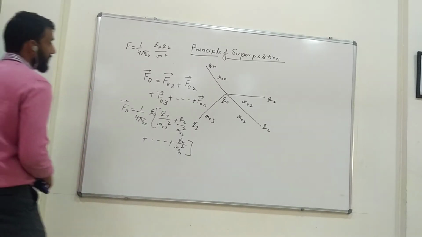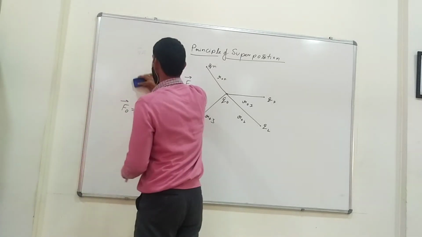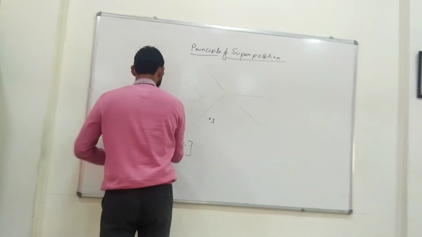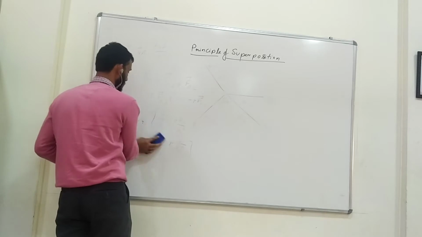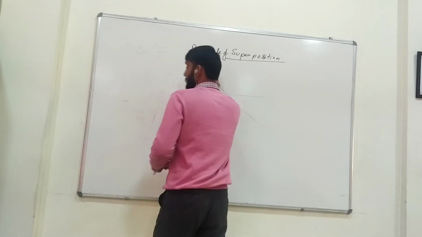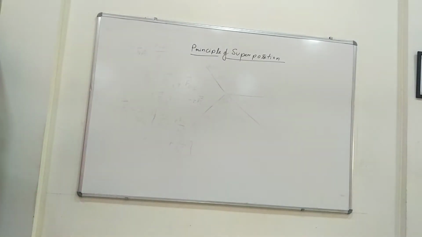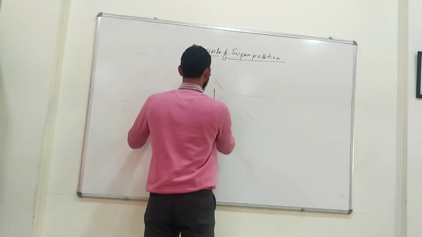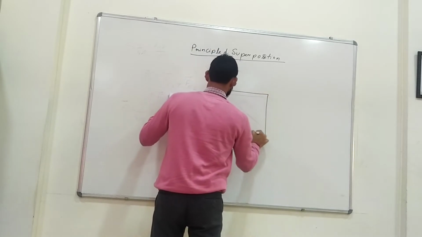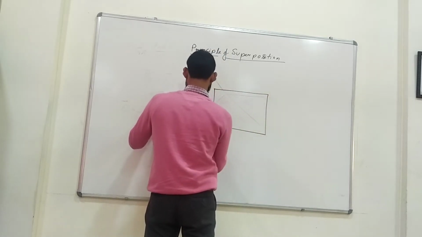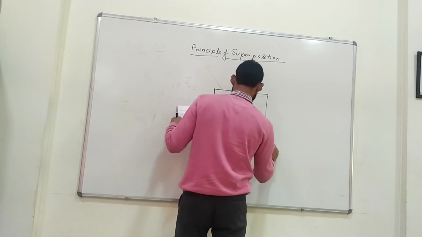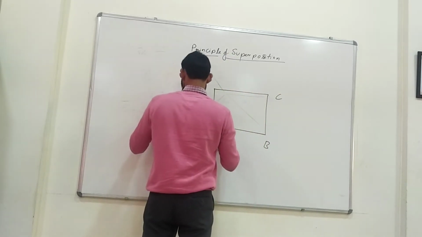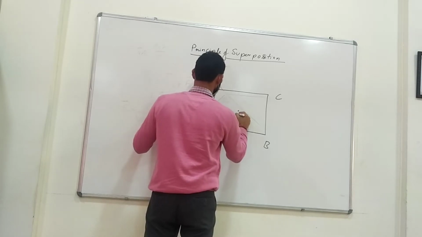Now let us do one question from the mind map, and I told you in the previous video that you will be getting a mind map in the description box of the first video. So from the mind map, if we do a question, there is a square and the name A, B, C, D, and then there is a charge which is kept at the center.